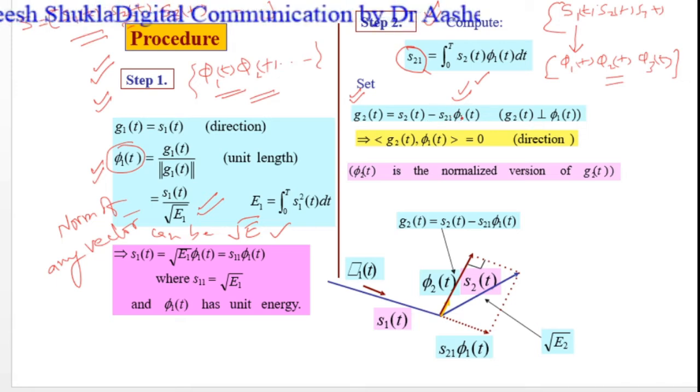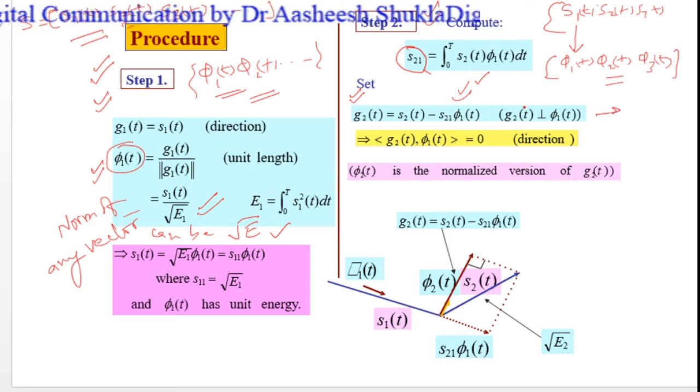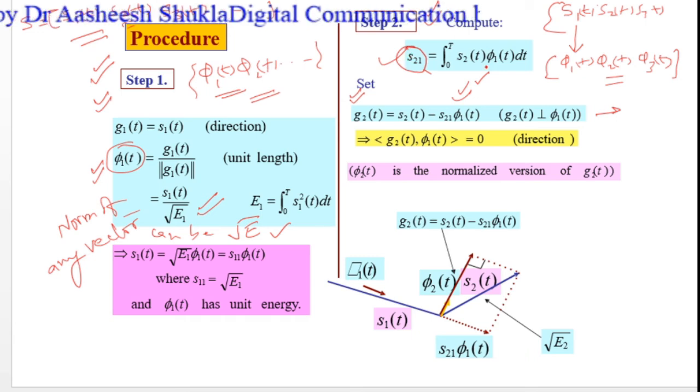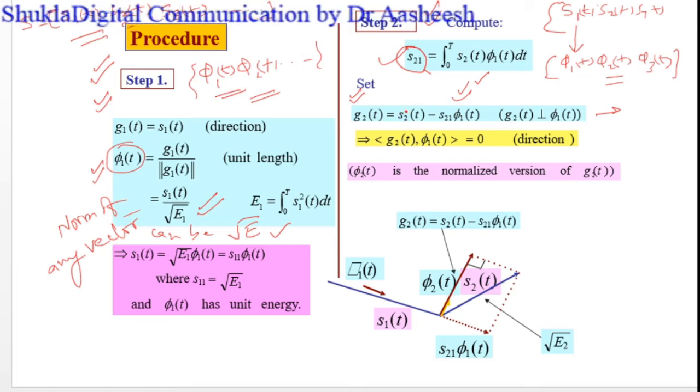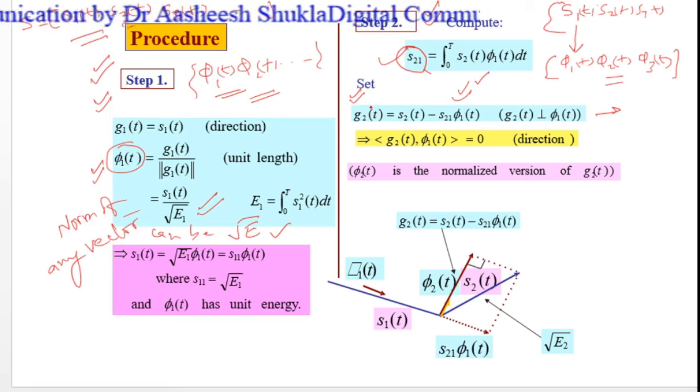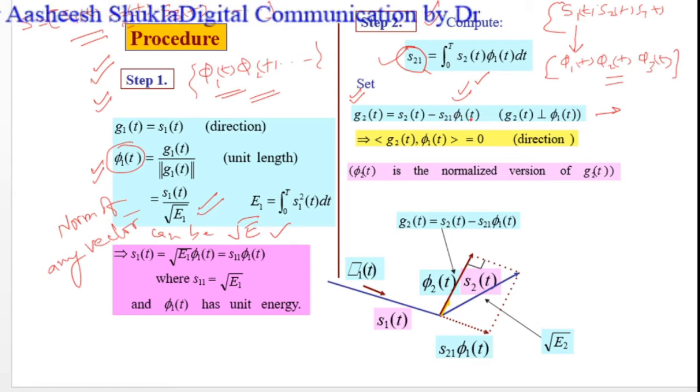So to make it orthogonal, first we calculate the projection, and then we subtract the projection along phi 1(t) from S2(t). The resultant, G2(t), will be surely perpendicular to phi 1(t). Hence we can say that G2(t) is orthogonal to phi 1(t).